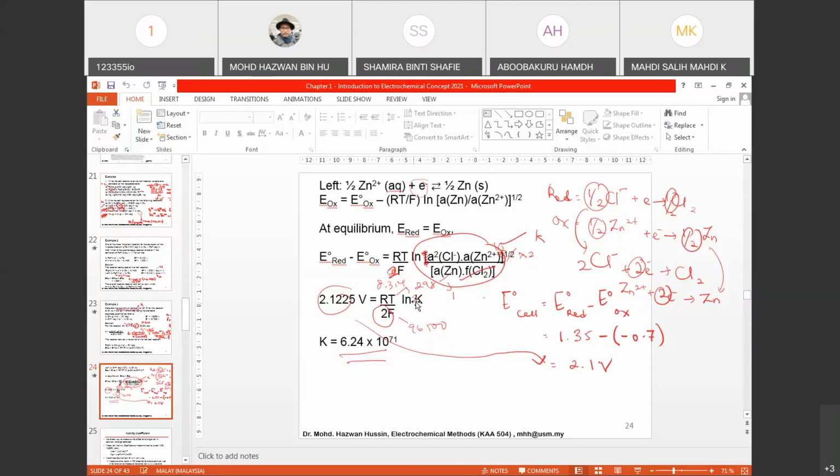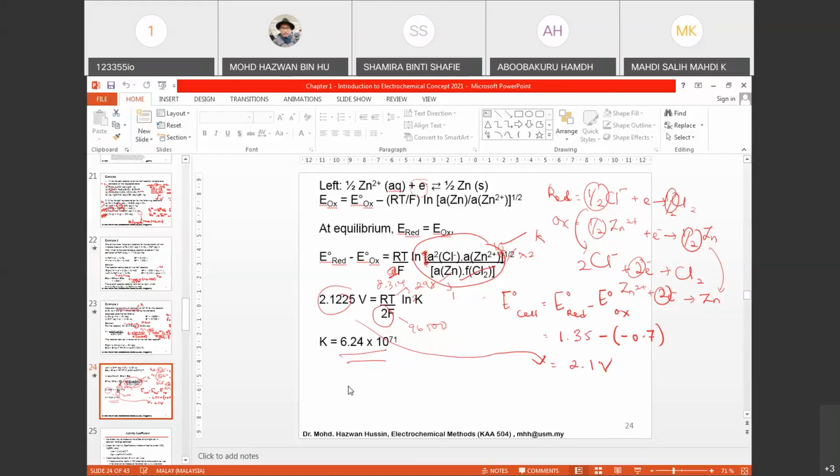So if you try to use the other variations of the Nernst equation, for example log K, with the standard values over here, you will not get the exact value but just slightly different, probably around 7 to 8, but the power is still the same, power of 71.